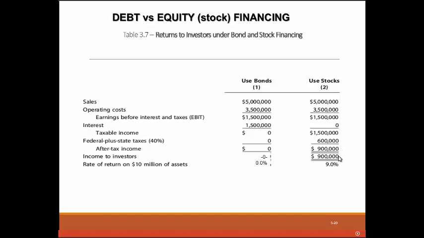That income would be available to the shareholders, and dividing $900,000 by the $10 million of assets produces a rate of return to investors of 9%, a significant difference from zero. So companies pay close attention to whether financing should be done through debt or equity, and what the effect of each would have on net income.